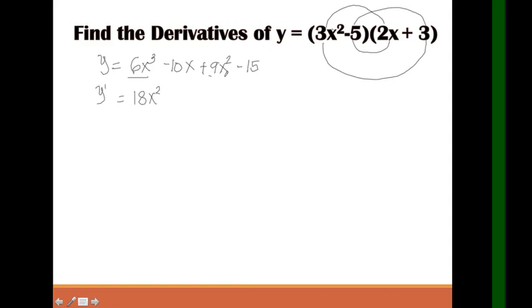Then, dito naman sa 9x squared, we have 9 times 2 is 18. And then, 2 minus 1 is 1. So, we have x na lang. Dito naman, negative 10 times 1 is negative 10. This is 1. 1 minus 1 is 0. So, x raised to 0 is 1. And since this is a constant, using constant rule, 0 na yan.